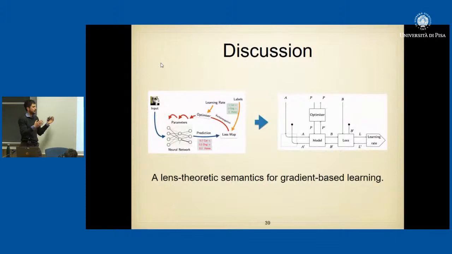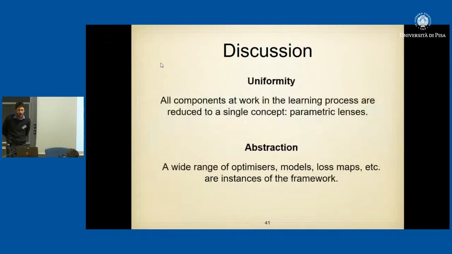So I've shown you this picture in general, this lens-theoretic approach to this gradient-based algorithm. I've shown two variations as just an example of the kind of variations you can do from the basic picture. What are the benefits? Let's come back to what we claimed at the beginning as things we like about category theory. So we reach some level of uniformity.